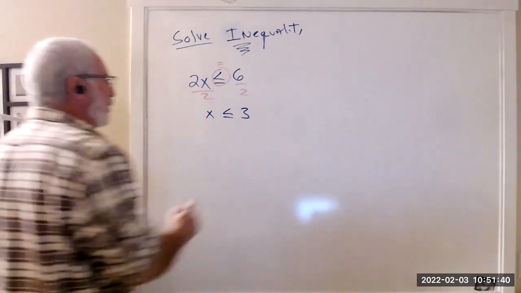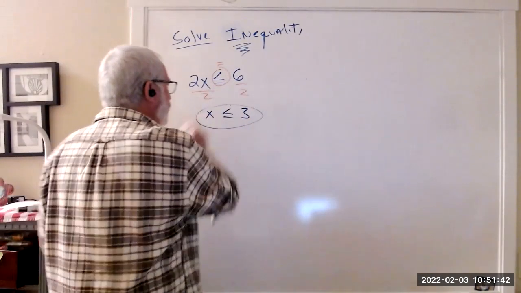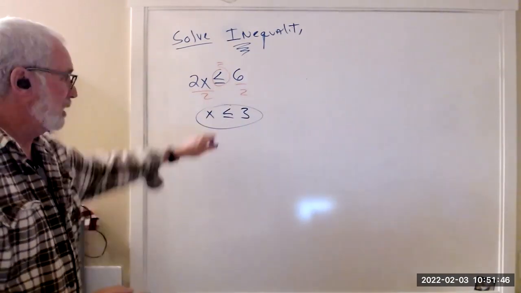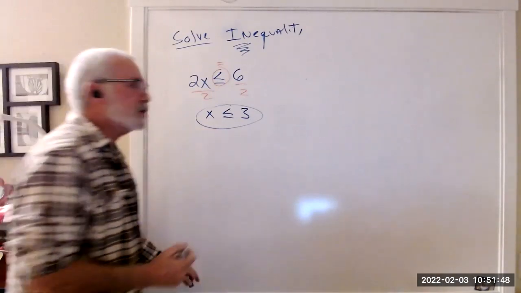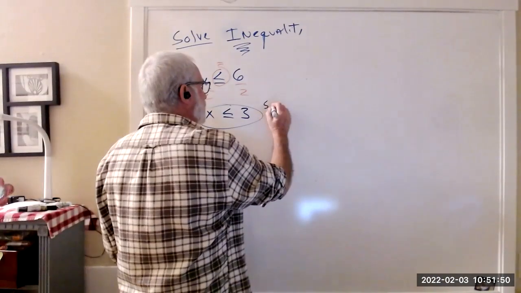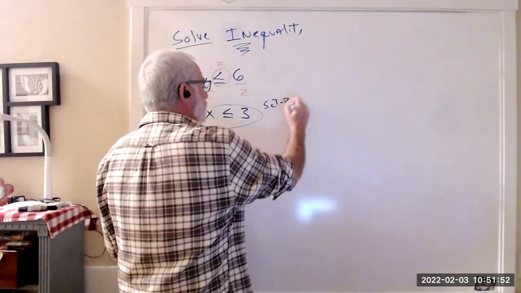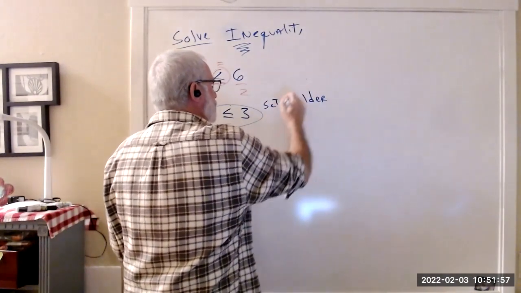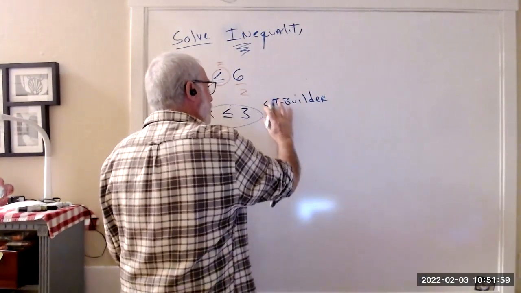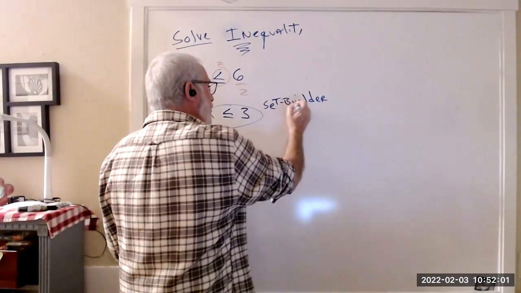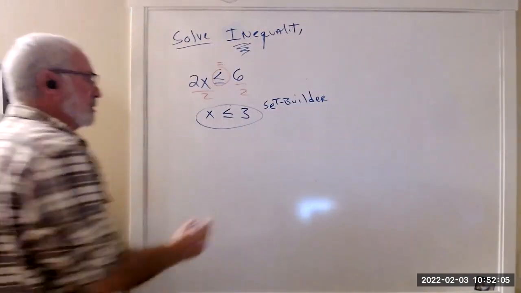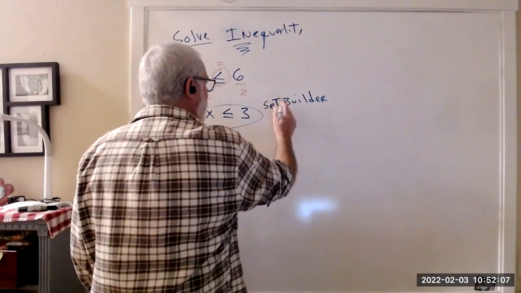All right, this kind of answer, when you say x is less than or equal to 3, is known as set builder. And guys, I know that sometimes I write small or sometimes I write messy. So if you can't read my writing, always ask me to clear it up.